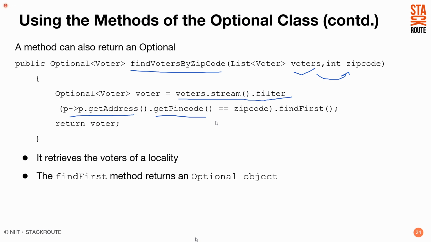Ma'am, can you explain that find first again? Yeah, optional provides find first, find any, find last. So let's assume I have voters with some 100 records. Out of that, 10 records belong to the zip code.